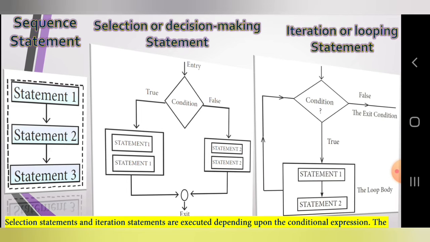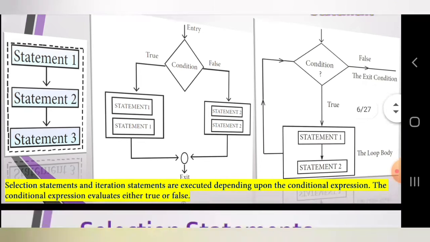Maybe if you want to repeat statement 1 and statement 2 ten times, then these two statements are repeated ten times. When the condition is false, it exits from the loop. So iteration statements are used to repeat some set of statements again and again until the number of times specified. These are the three different control statements used in the C++ programming language.